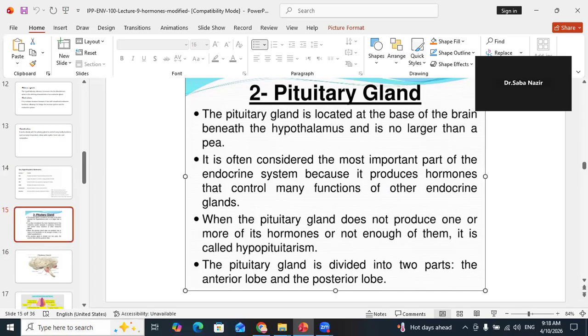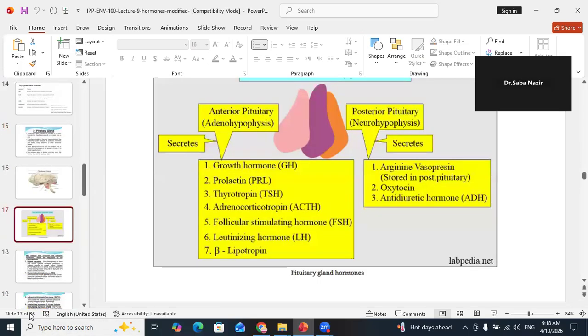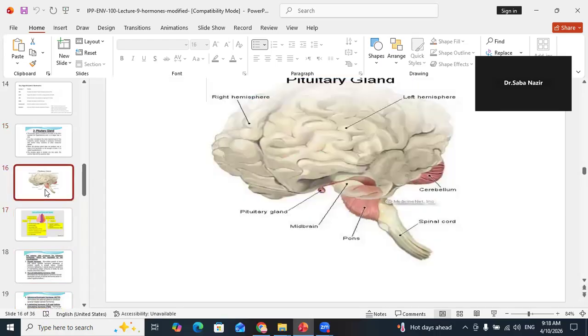And this pituitary gland is actually divided into two lobes. Like if I draw the enlarged view of this diagram, if there is any question, I will discuss it shortly.